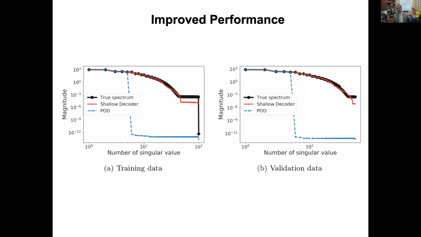So notice it just sticks onto the black for a long, long ways, right? Whereas the linear map falls off very quickly. In fact, you fall off after 5 or 6 singular values, then it just doesn't do a very good job. Whereas you get the right spectrum if you use this shallow decoder.